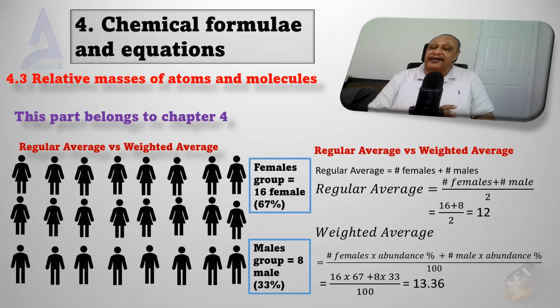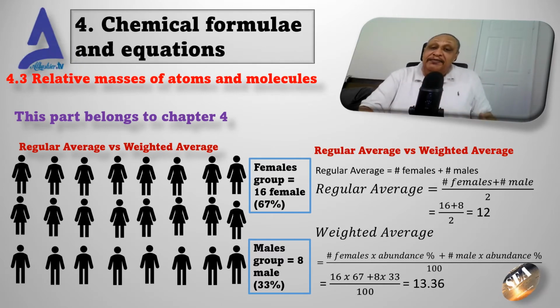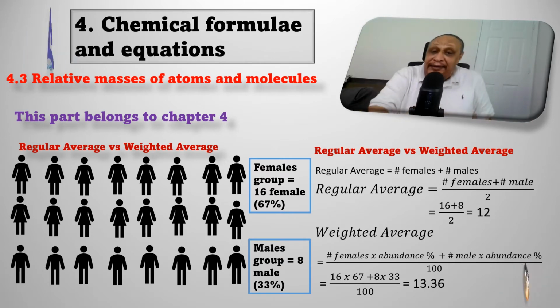Correct? But this is not real when we talk about the contribution of each category in this community, because the females are actually 67% of this community, while the males are only 33%.